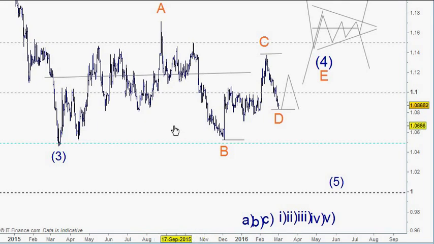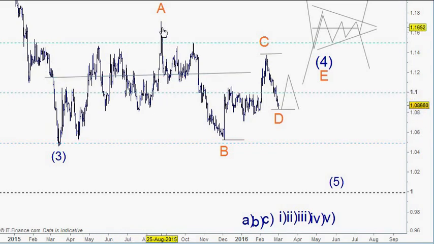We know that in a triangle pattern, each swing is diminishing into the ratio of the 61.8%. So we could look at this as, well, we have this first wave A here, and it's whatever size it is.